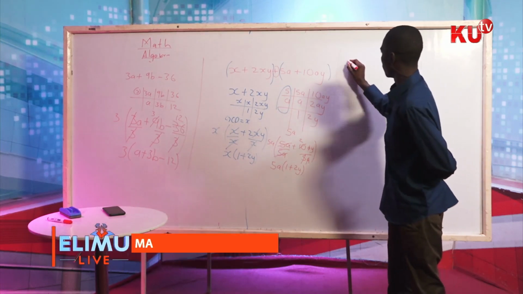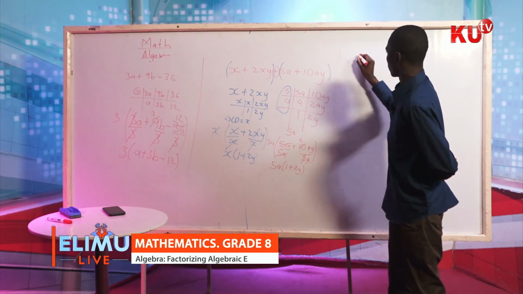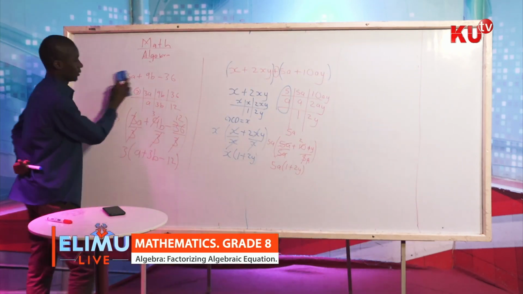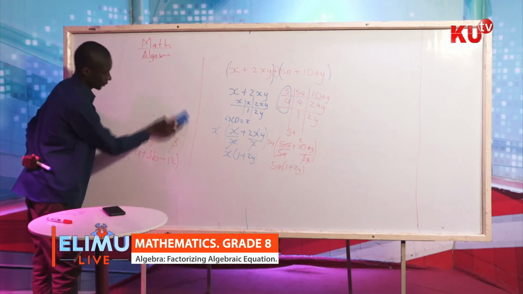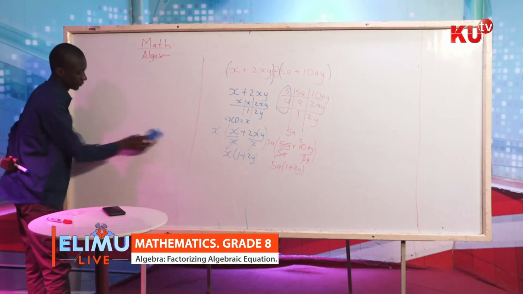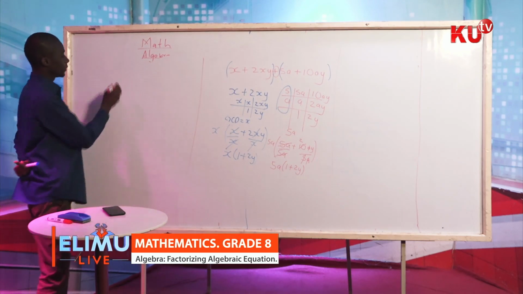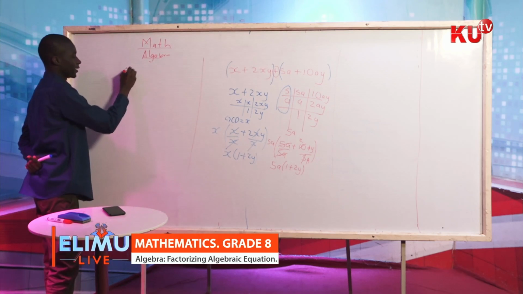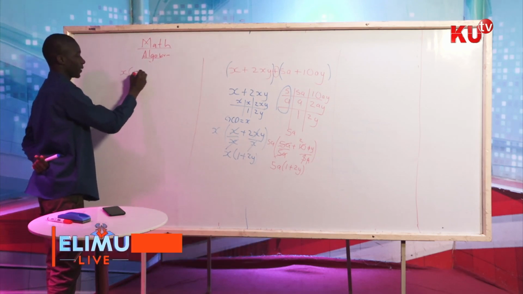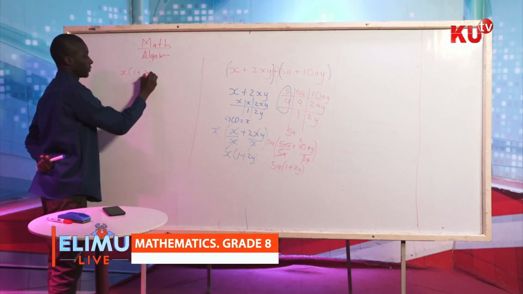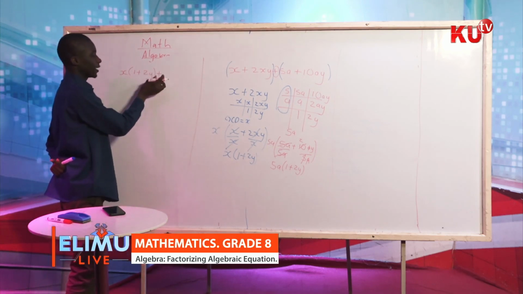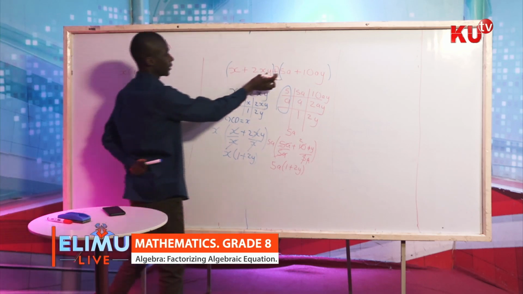So if I was to recombine the two expressions, I'm going to end up with the first part will be x, recombining the two expressions. The first expression from this part was an x plus 2y, and the second expression plus, now the sign is coming in from this sign that we had here.